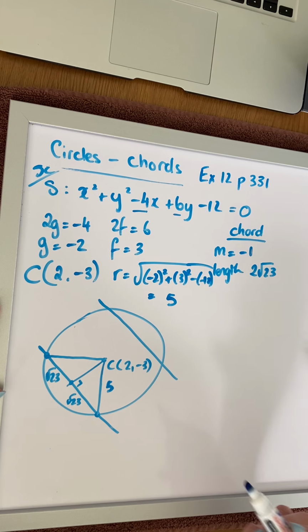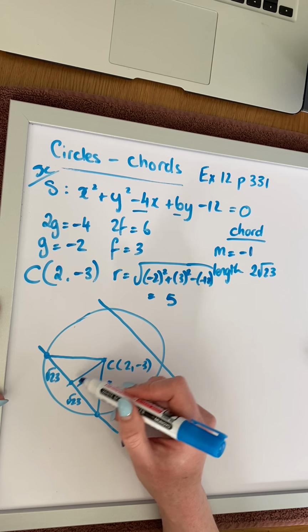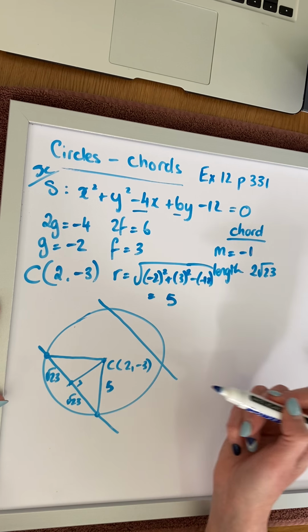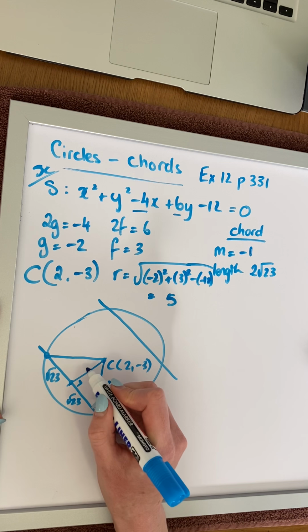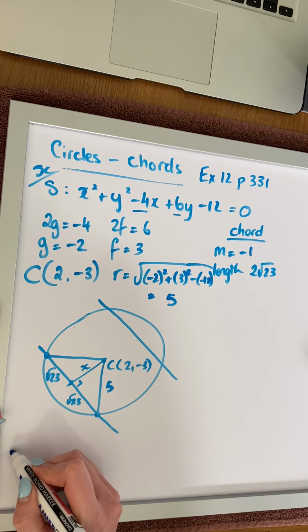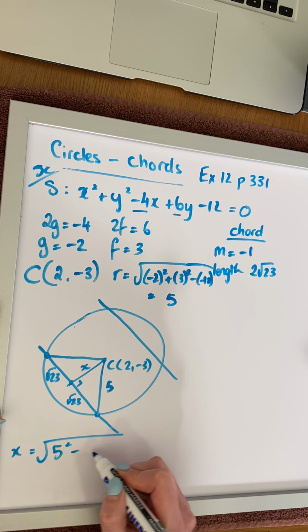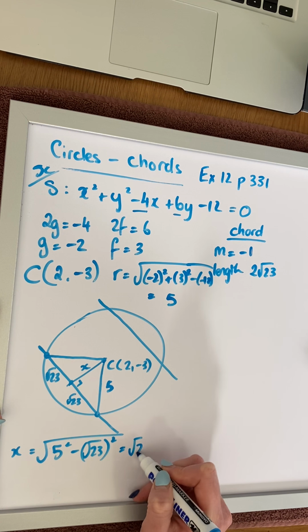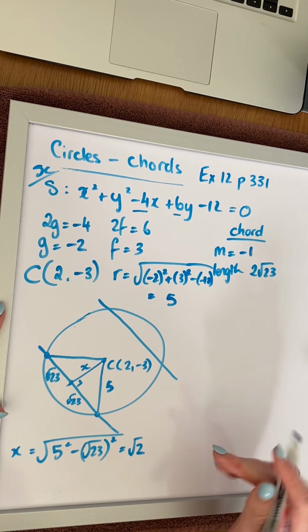So from this, we can find what the perpendicular distance is from the center to the chord. The way we do that is using the Pythagoras theorem. If we call this little distance here x, x is the square root of 5 squared minus root 23 squared, which gives us root 2. So we know that that little distance there is root 2.